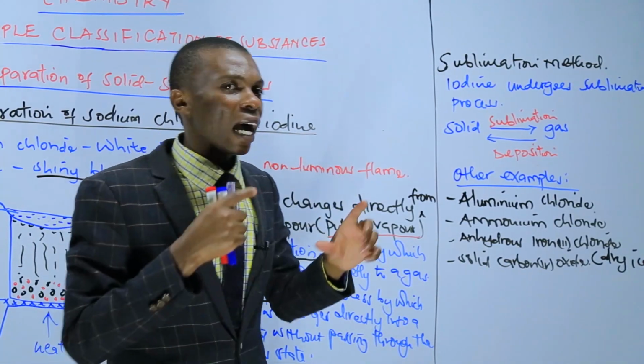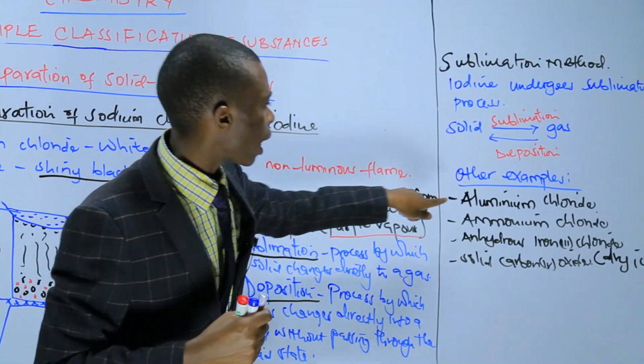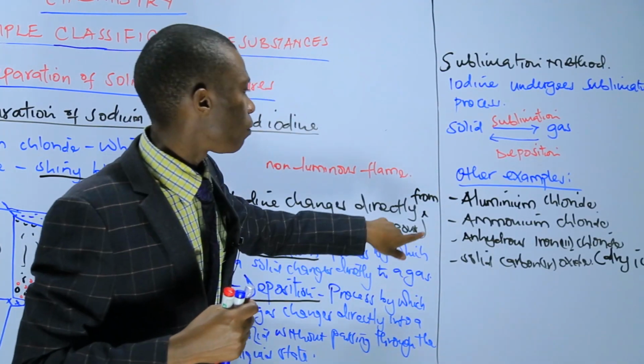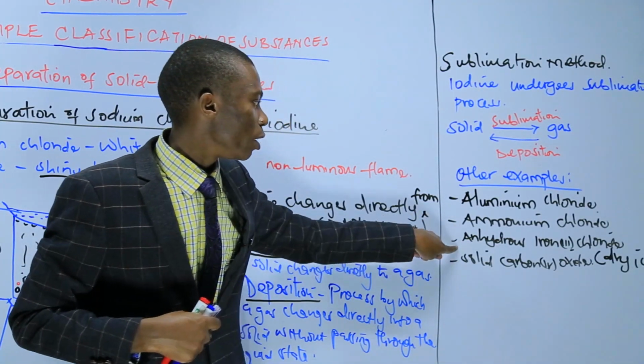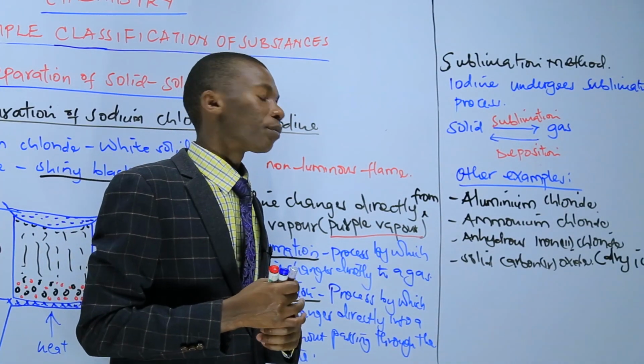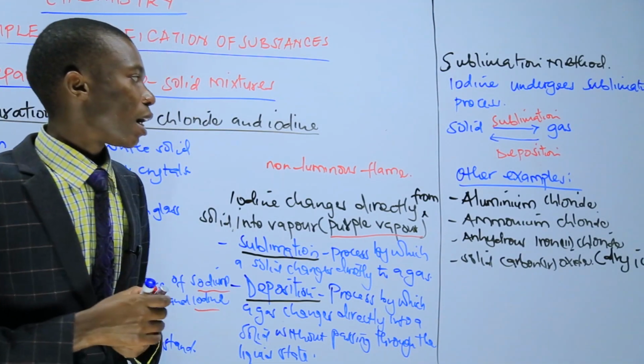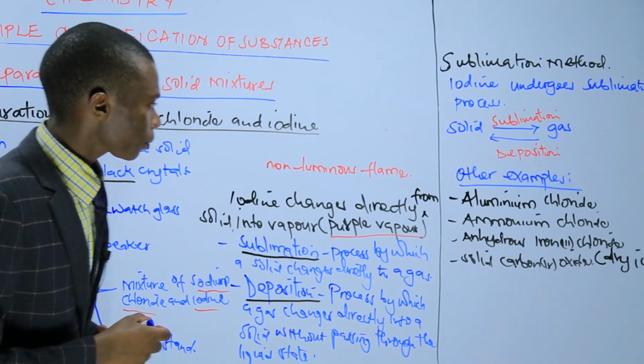I've given you other examples of substances which undergo sublimation: we have aluminum chloride, ammonium chloride, anhydrous iron(III) chloride, and also solid carbon dioxide, which is also called dry ice.